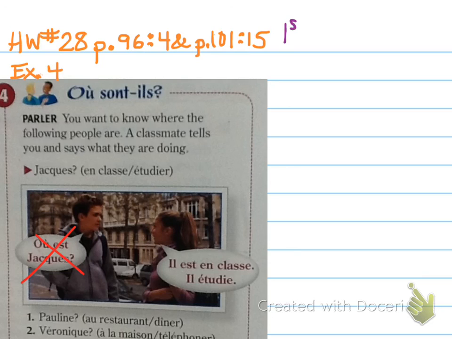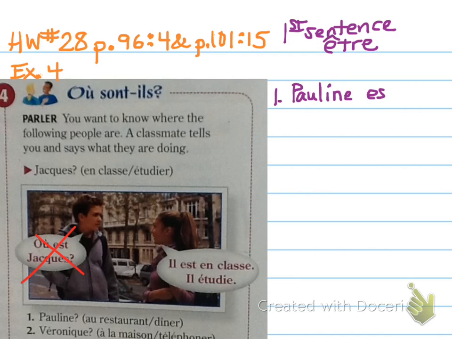So your first sentence is always going to use a conjugated form of the verb être. Okay, and then your second sentence is going to use the second verb in parentheses. So for example, number 1, Pauline, would be Pauline est au restaurant.